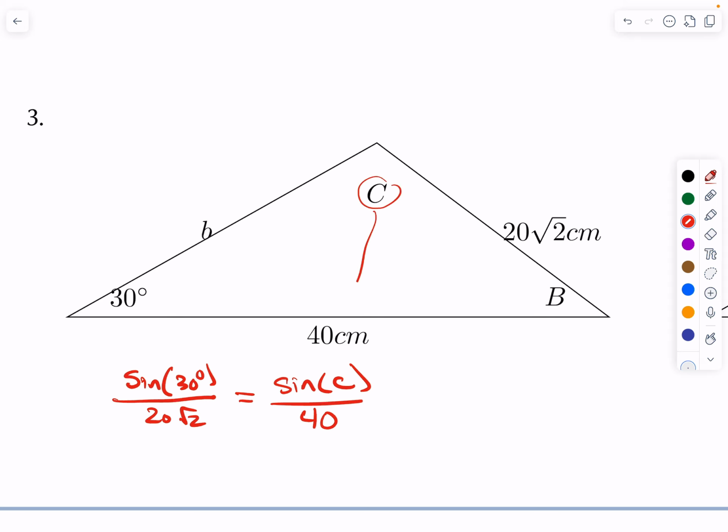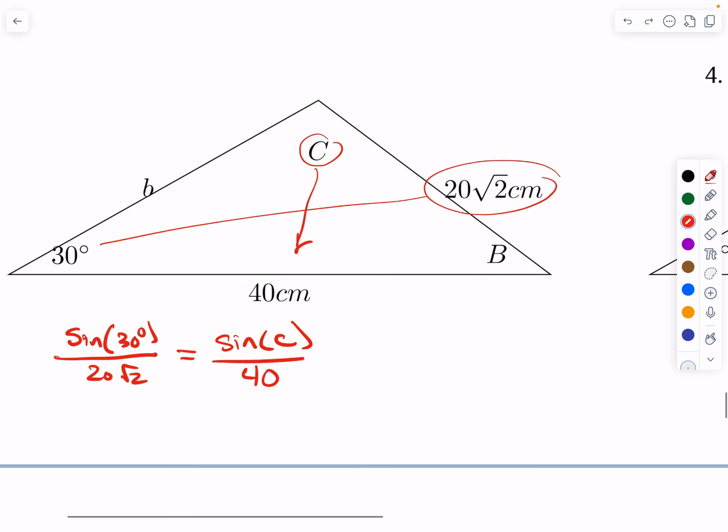It's always the side opposite the angle; you set up your ratio that way. We all know the sine of 30 degrees is 1/2, so let's put that in there. It's 1/2 all over 20 radical 2 is equal to the sine of c over 40.